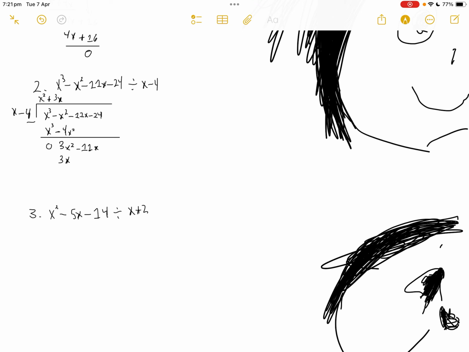So that's 3x squared minus 12x. This guy cancels out, and it's going to be an x right here.